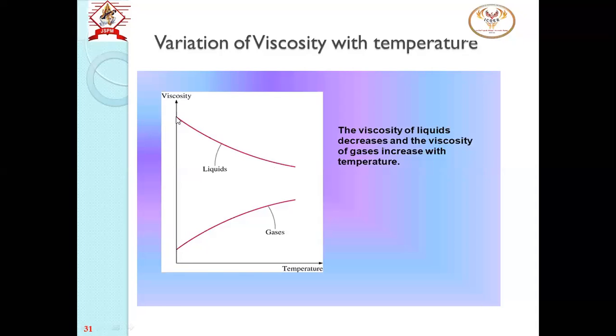Just see this curve, for liquid, for example oil. We have engine oil in our automobiles, in our vehicles. In that engine there are mechanical rotating parts, it may be the piston, and there are many parts in the engine.